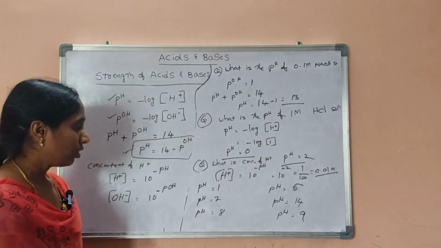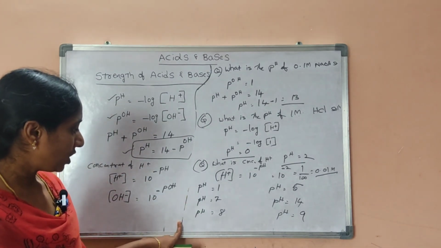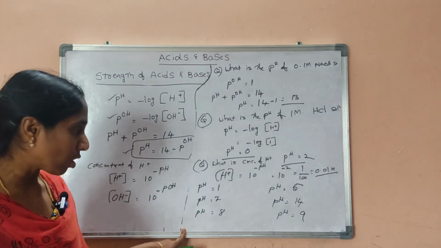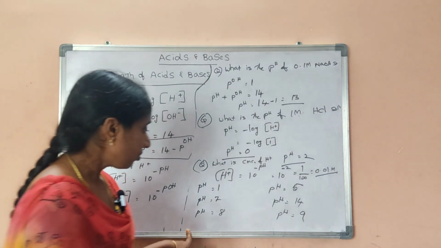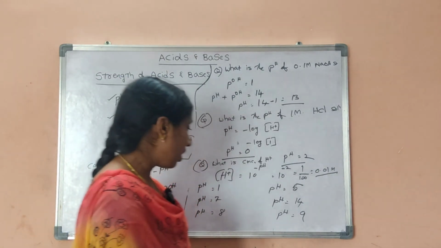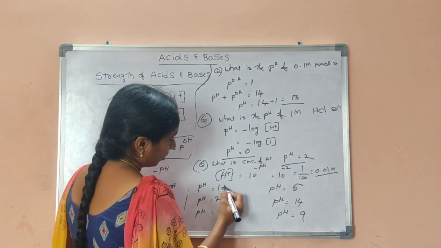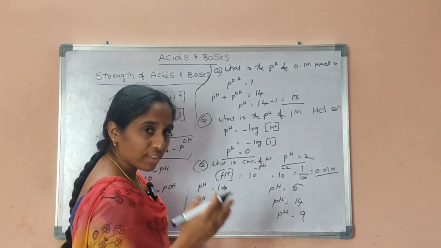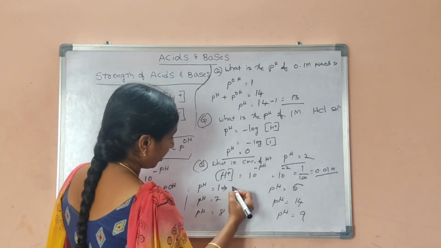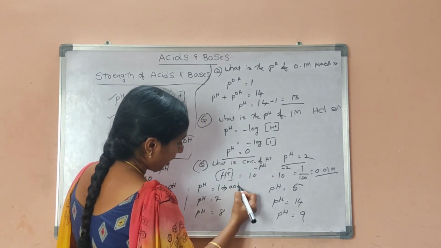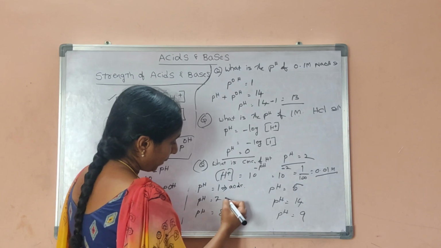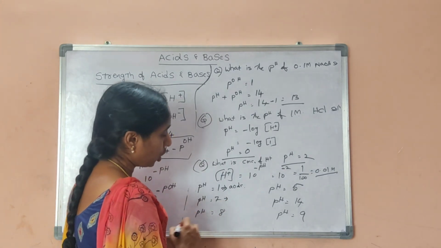So you can write which is the strong base or strong acid, which is the weak base or weak acid. Here pH equals 1. So below 7 has acidic nature. So the solution has acidic nature. pH equals 7 is neutral.